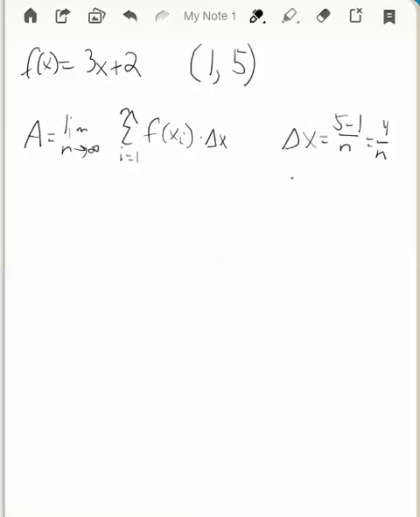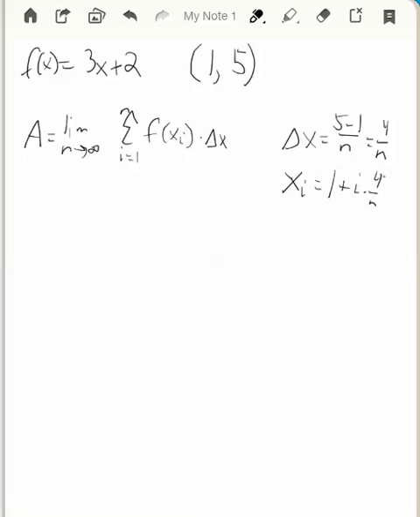My height is f of x sub I, but in order to be able to get that, I just need my x sub I first. Well, my x sub I is my starting value, which in this case is 1, plus however many delta x's I'm going. So it'd be plus I delta x. Well, delta x we just said is 4 over n. So how many 4 over n's do you want me to go?